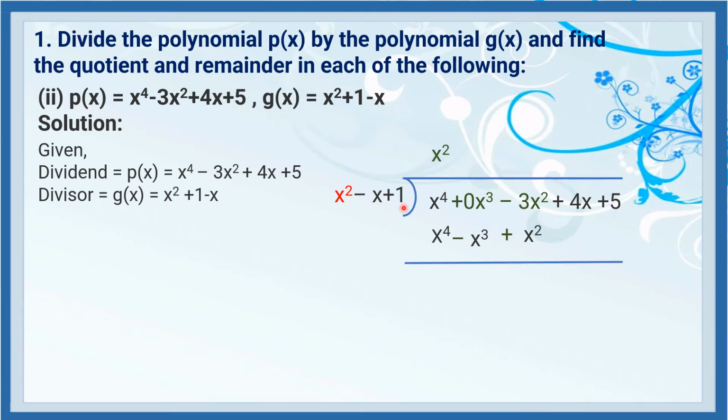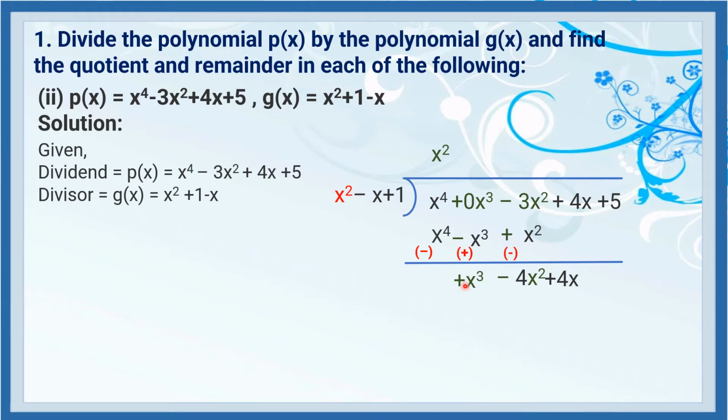Now we subtract this, change the sign, plus. x power 4 minus x power 4, that is 0. Now here 0 plus x cube. So we write x cube, minus 3x square minus x square, that is minus 4x square. Bring the next term down, plus 4x.